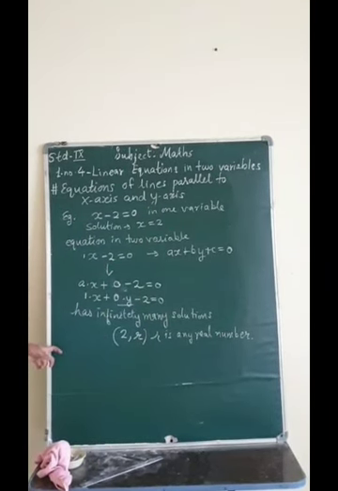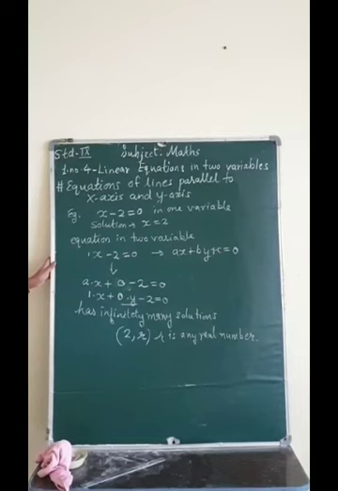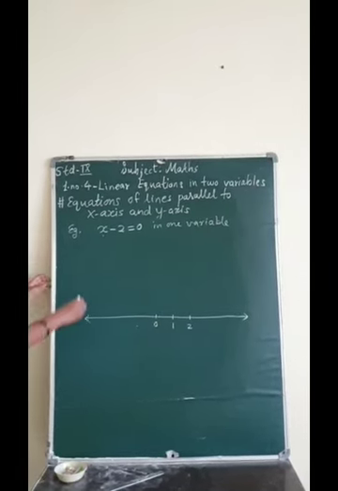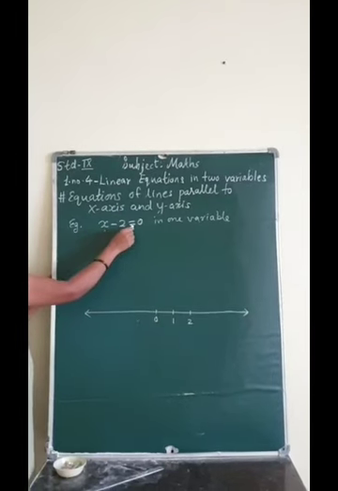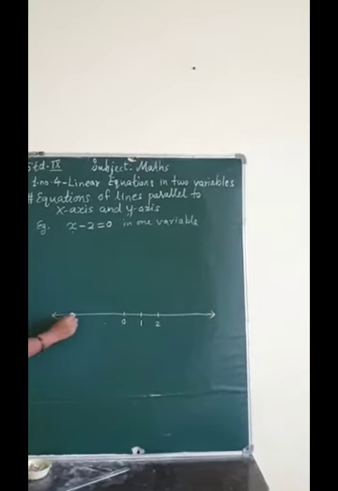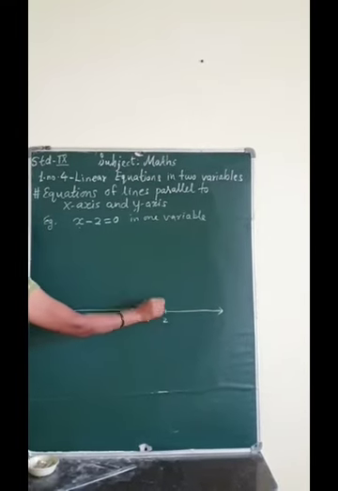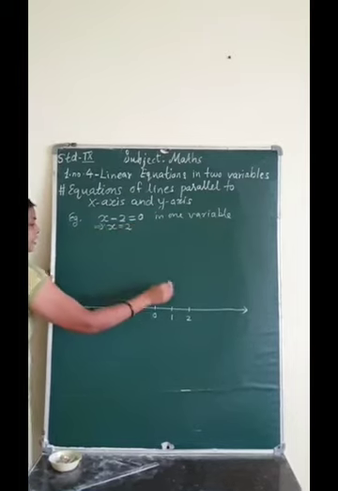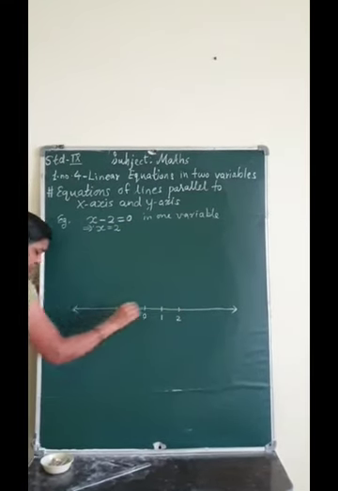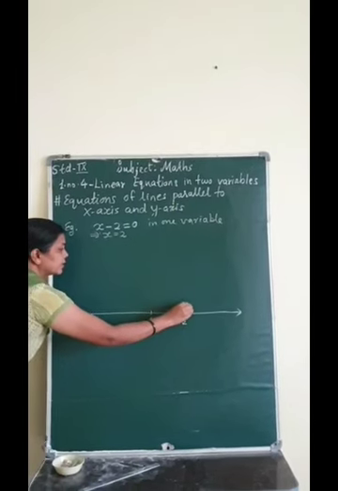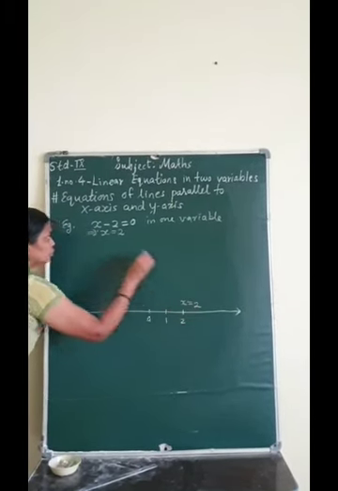So now we will see this by graphical representation. As you all know how to represent x minus 2 is equal to 0, an equation in one variable, we write it on the number line. Finding the solution of this, we get x is equal to 2, and we write this point as x is equal to 2.